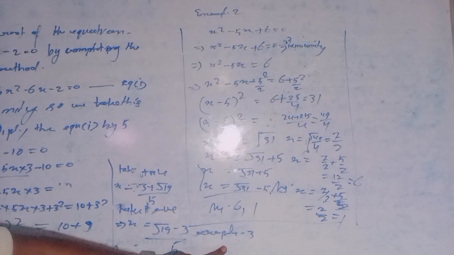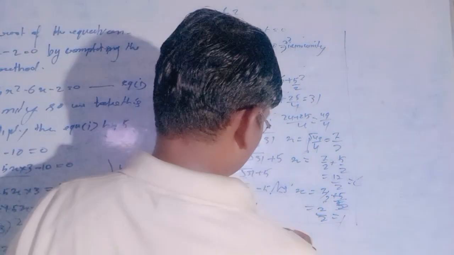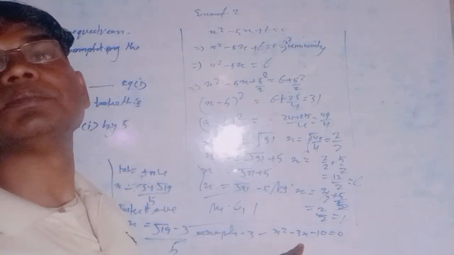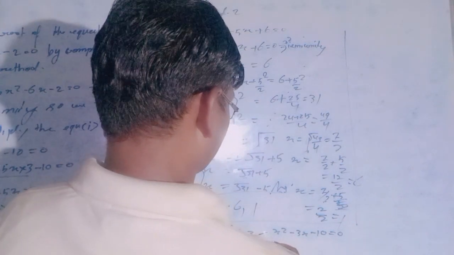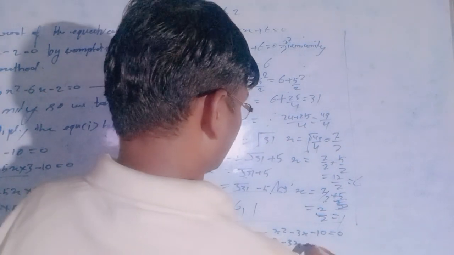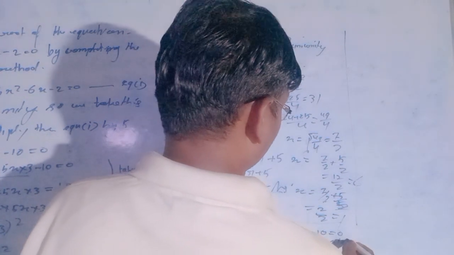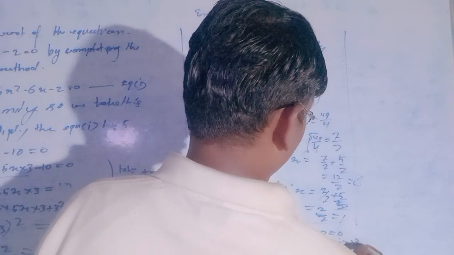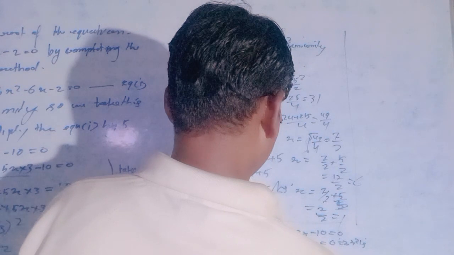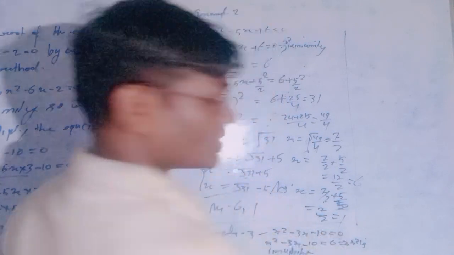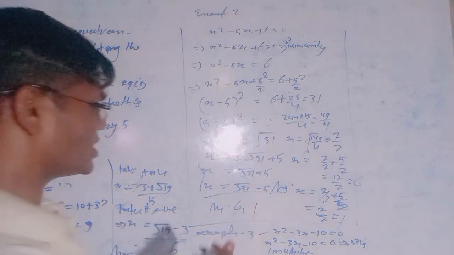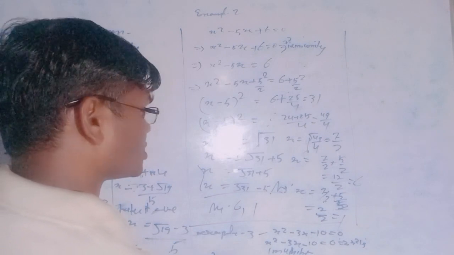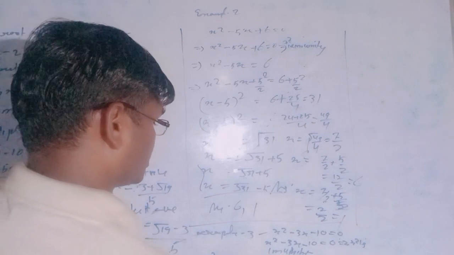The third example is given here: x square minus 3x minus 10 is equal to 0. Here x square is already in unity, so we can proceed directly. Write x square minus 3x minus 10 is equal to 0.